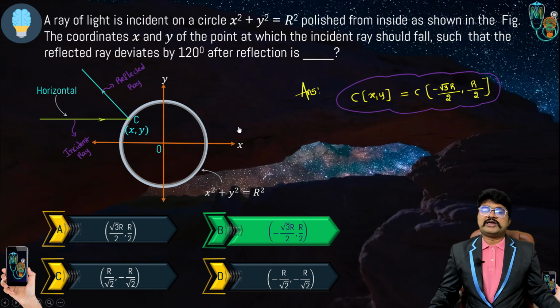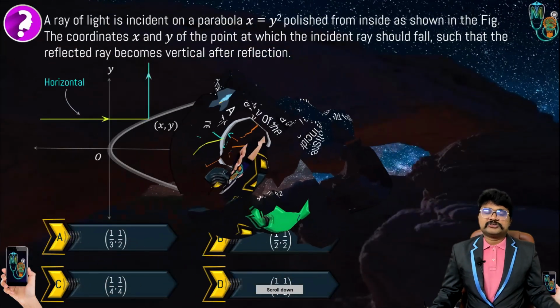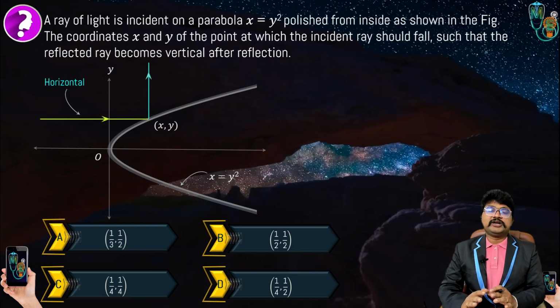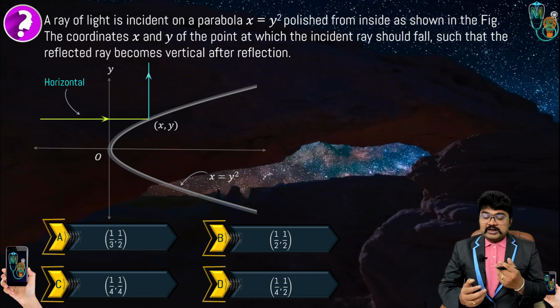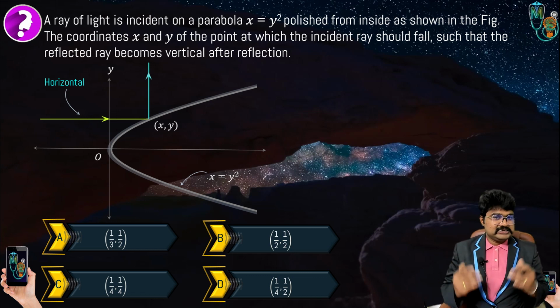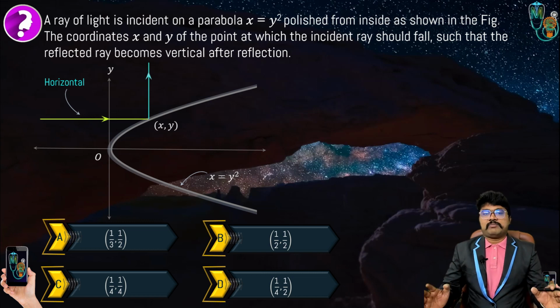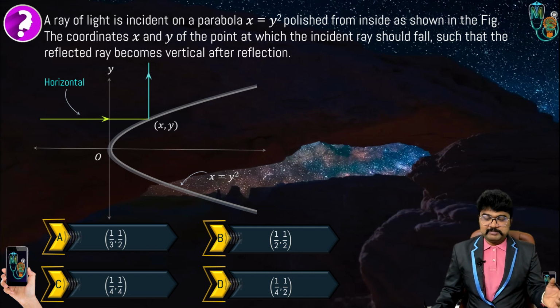Yeah. Now we can have a look at another problem. Read the question carefully. A ray of light is incident on a parabola. Last time we discussed a ray of light incident on a circle, but here a ray of light is incident on the parabola x equal to y square, polished from inside as shown in the figure below.